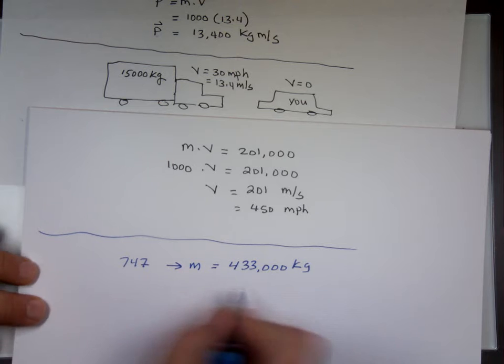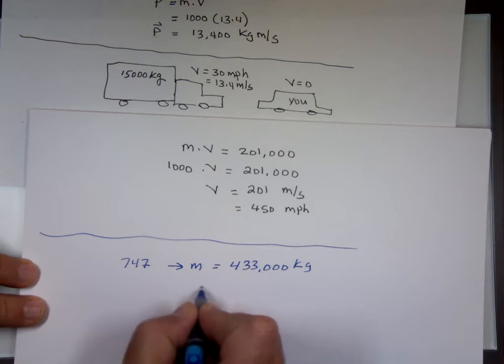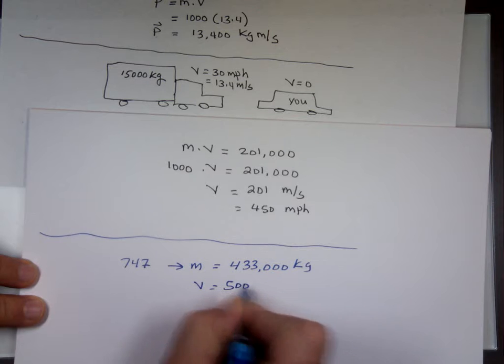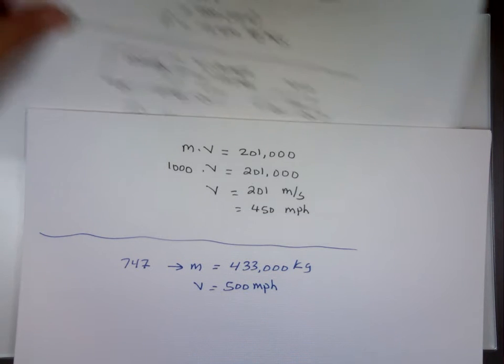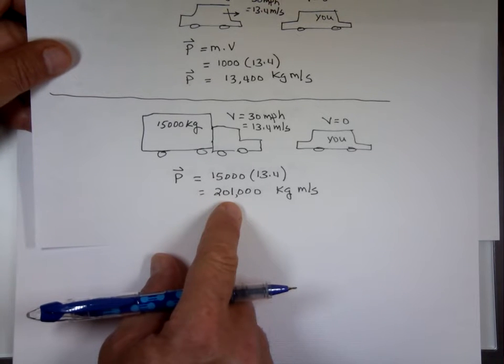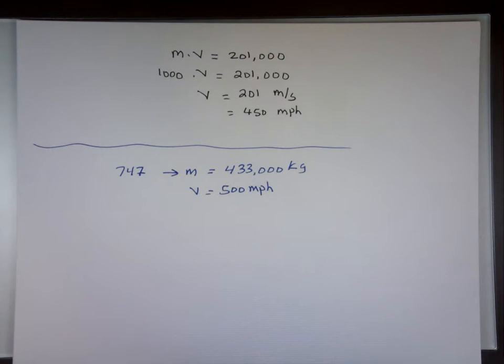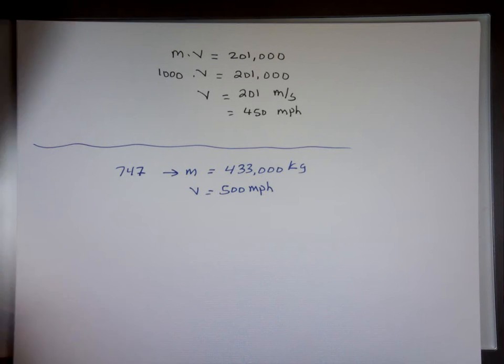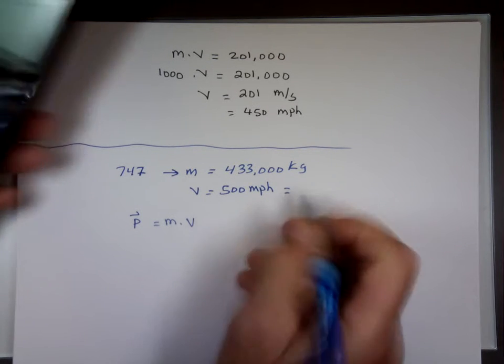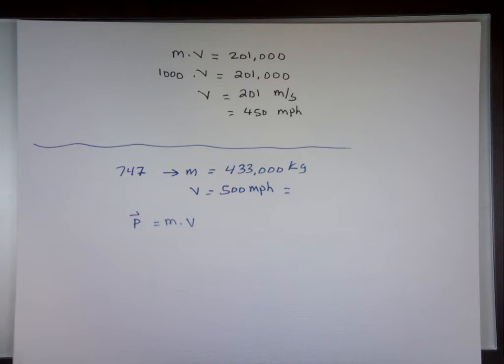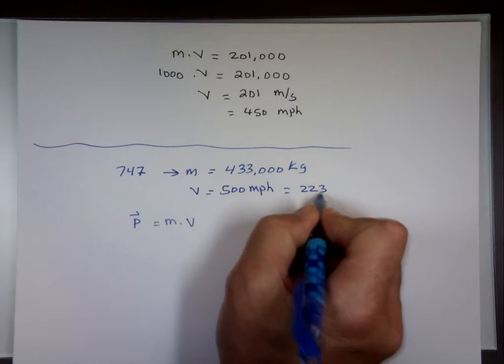Going at a speed, velocity of 500 miles per hour. When they're cruising, that's their speed. You do the math there, you get an idea how much power is on those planes. We thought that truck is really big, 201,000. Look at the power for a 747. Its mass times the velocity. Now the 500 miles per hour, 500 divided by 2.24, it's going at 223 meters per second when it's cruising.